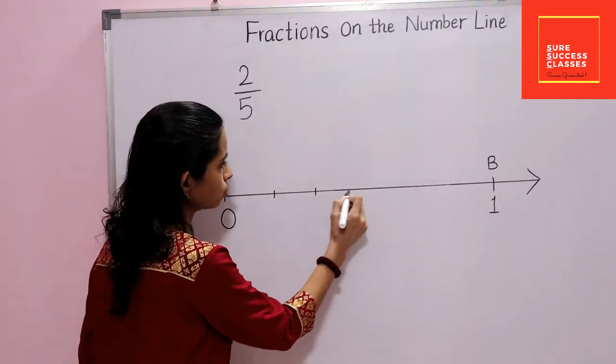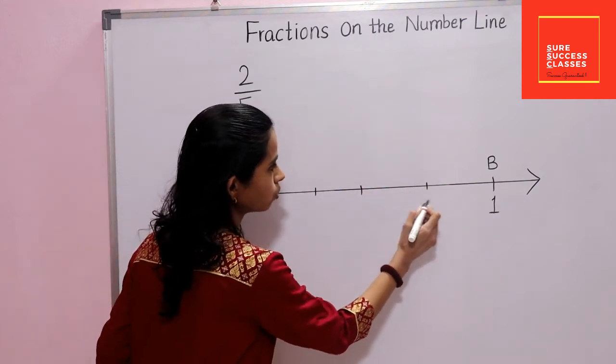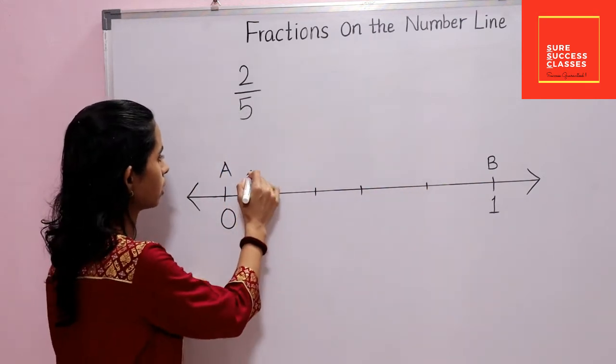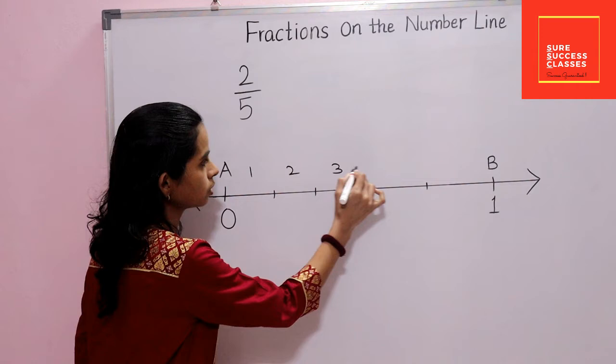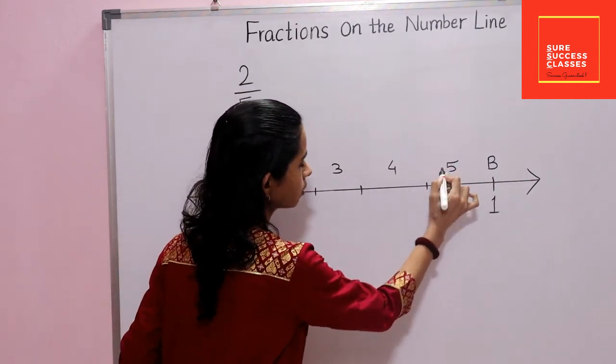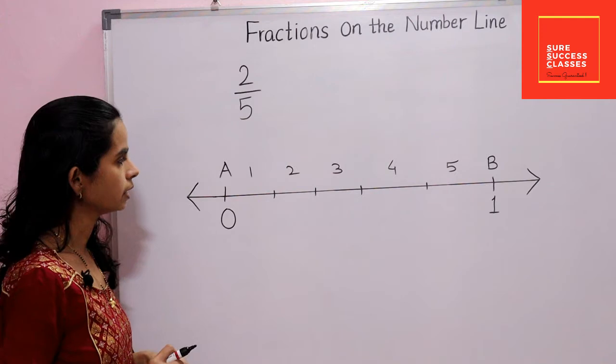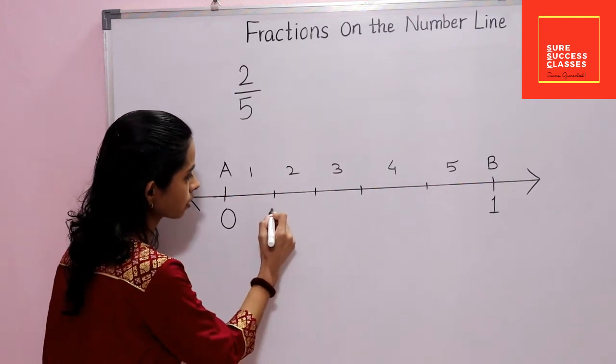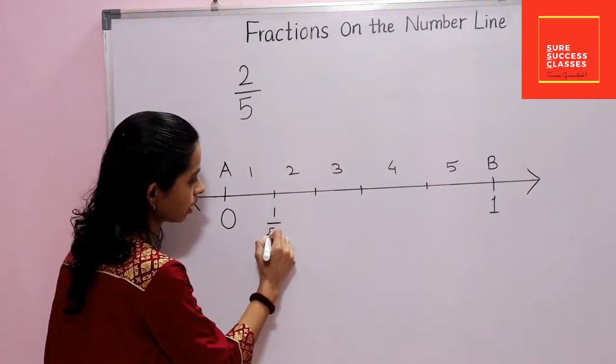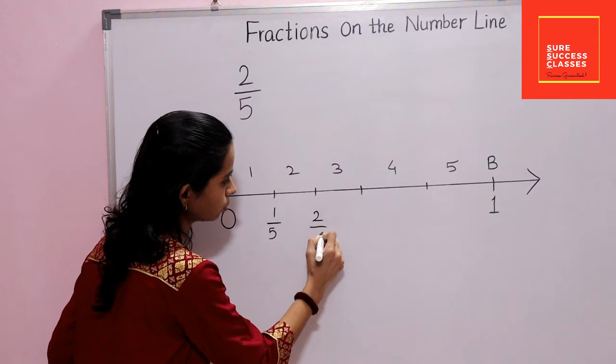1, 2, 3, 4 and 5. We will count 1, 2, 3, 4 and 5. And the fraction represented by each point will be 1/5, 2/5.